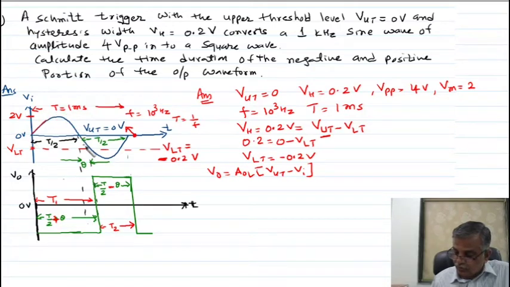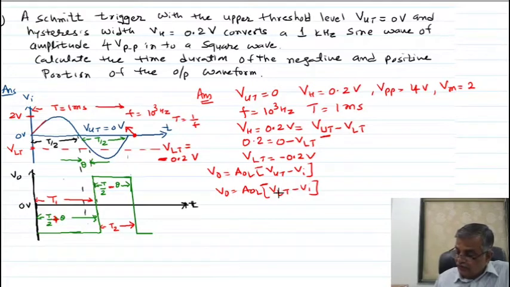When it passes through zero, your equation is changed. So instead of VUT I should write VLT. I would write VLT minus VI. So when VI is less than VLT, then the output is plus V saturated.